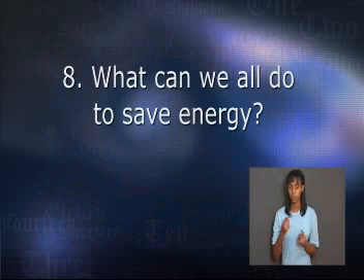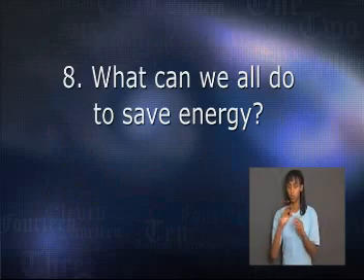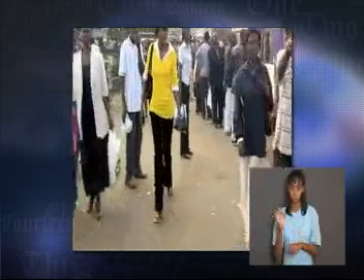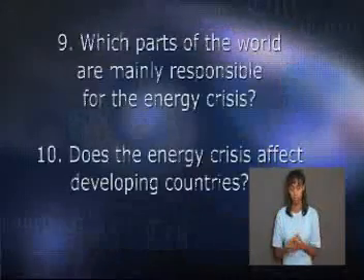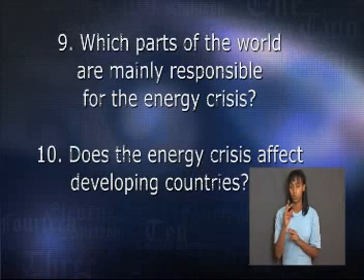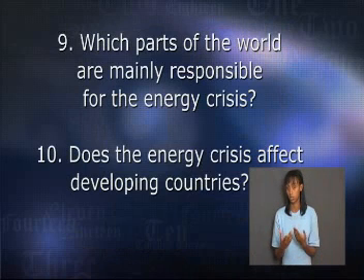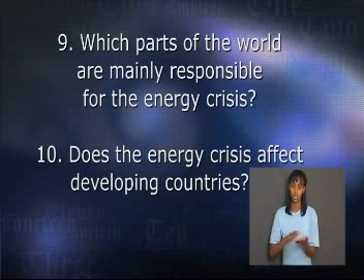To save energy, we can reduce the amount of electricity we use. We can also use less fossil fuels by taking alternate forms of transportation. Developed nations are largely responsible for the energy crisis. However, developing nations will still be affected as they become more developed.